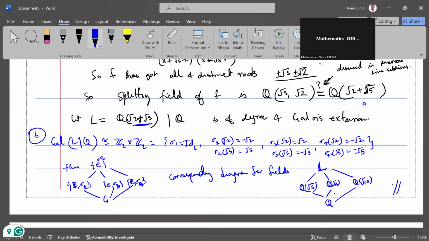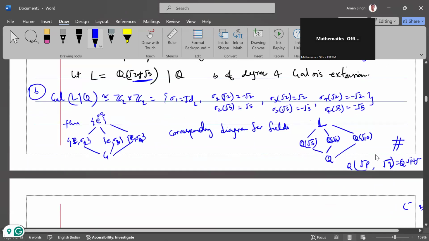So this is done. This is also discussed in the same way, where we had p and q distinct primes, coprime with each other, and we found that this is a simple extension, Q(root p plus root q). This is done there also.